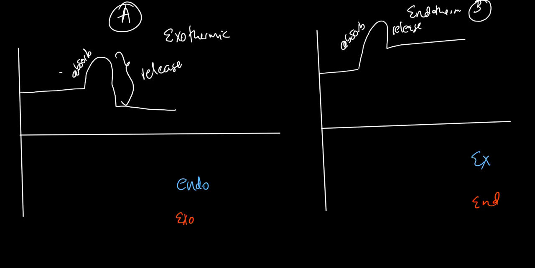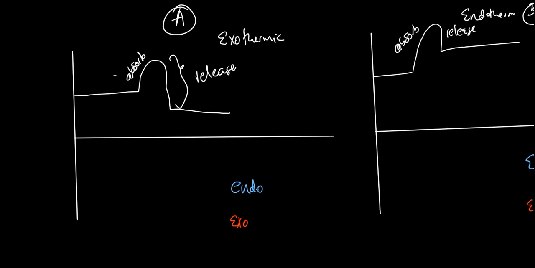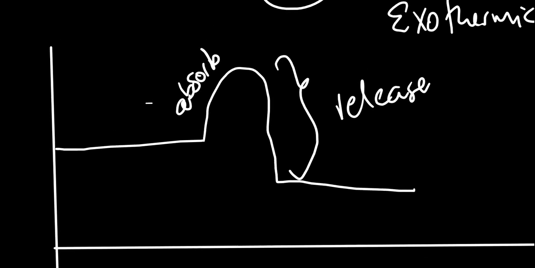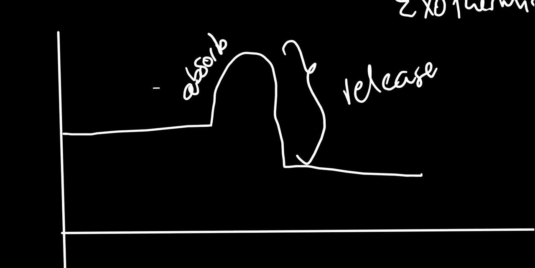So let's dive deep into this graph and actually label it, because you need to know the labels here, right? On this exothermic graph, from here to there, when you measure from here, this part is called the activated complex.